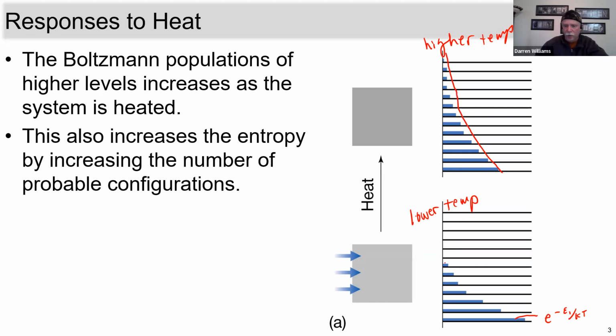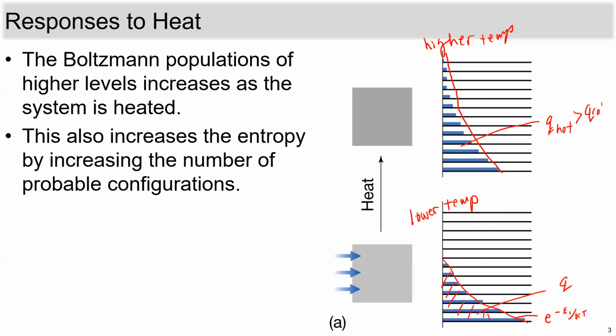What these blue bars represent is a sideways plot of the size of the Boltzmann factors, and the area under the curve is Q, the sum of all those Boltzmann factors. As you increase the temperature, Q is bigger, and we have more options.